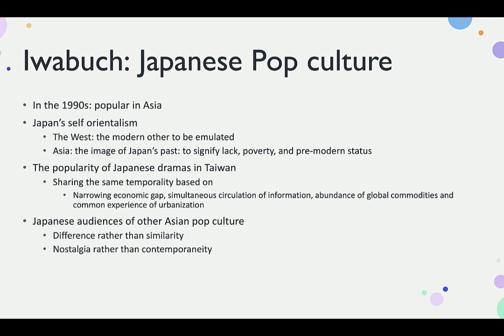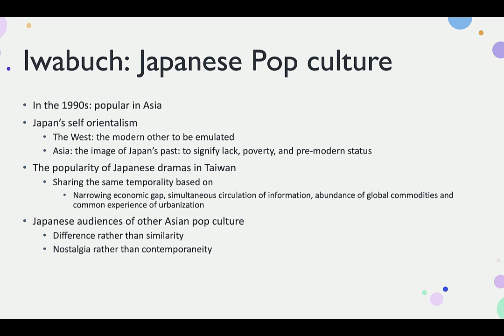So they don't see themselves as Asian. There are three groups in the mindset of Japanese people, according to Iwabuchi: Japanese, the West, and the other Asians. So then, why is it relevant to popular culture?